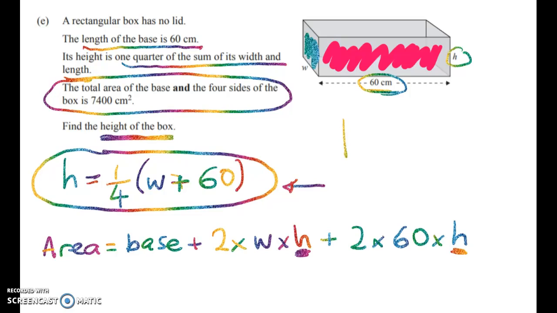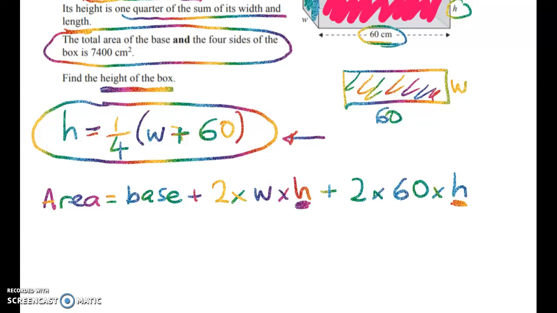The base area underneath is going to be 60 times the width. So you just need to be able to visualize that fifth side of the box. There's no lid, so that's why it's only 5 sides. So we'll write that out one more time more neatly. So we've got 60w plus 2wh plus 120h.